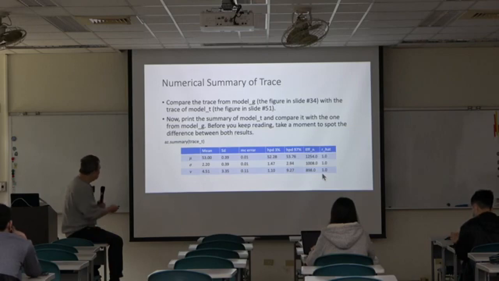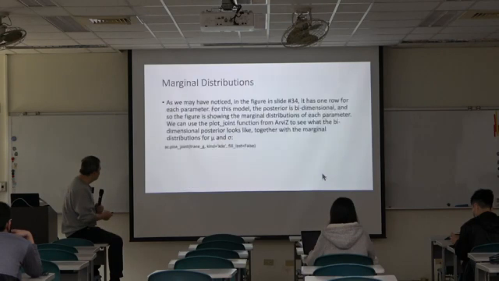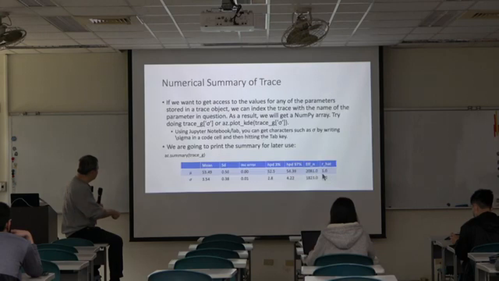Okay, and if you compare it with the result of the Gaussian model, you see the μ. Originally with the Gaussian distribution, μ was 53.45, and now with the Student's t-distribution, we have 53.